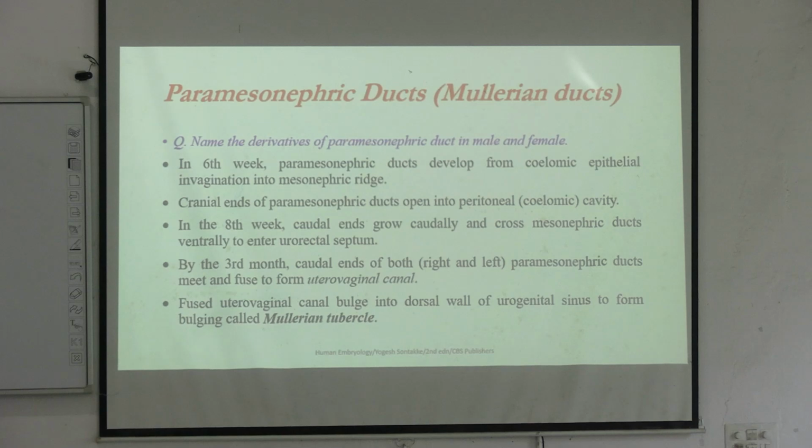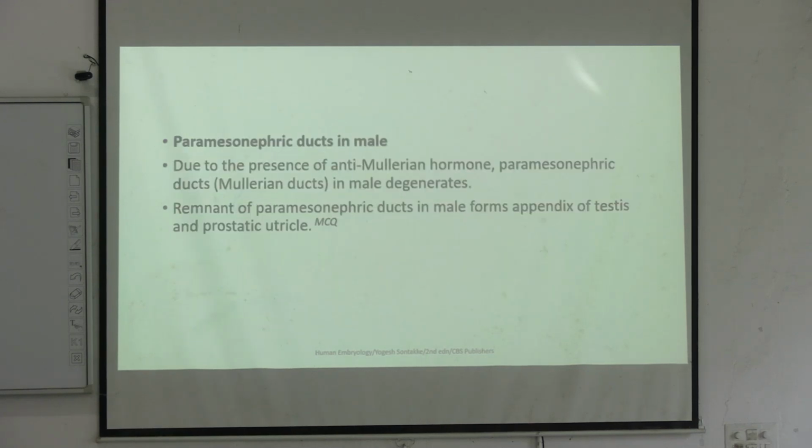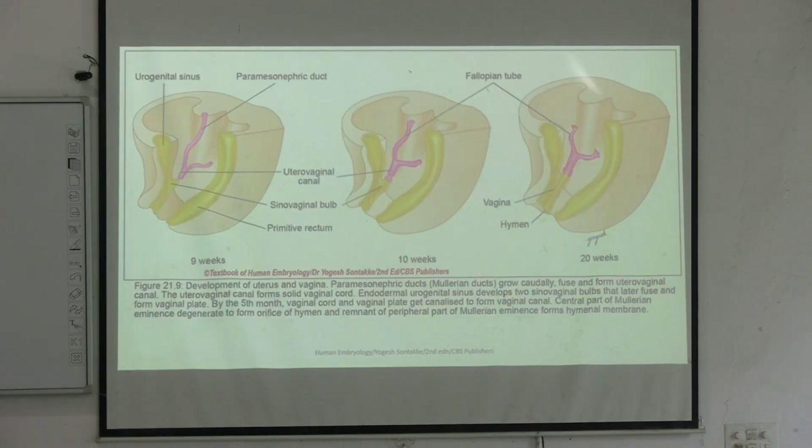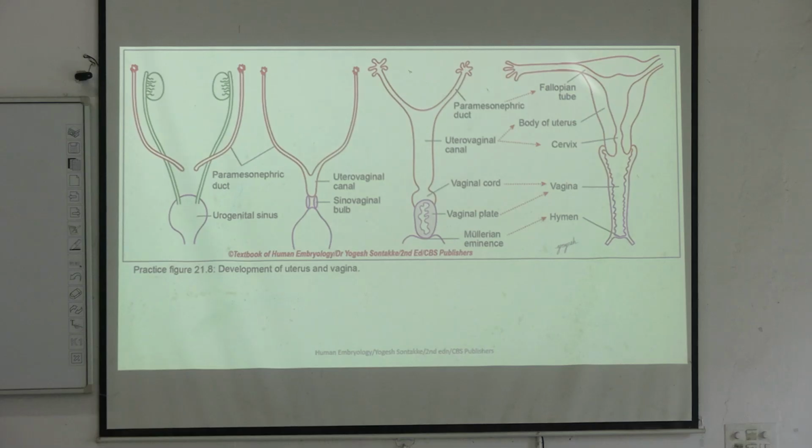The paramesonephric duct forms the female structures in female subjects. It turns into the fallopian tube, the upper cranial part which is unfused. The lower part becomes fused, and we call it the uterovaginal canal, which forms the uterus.